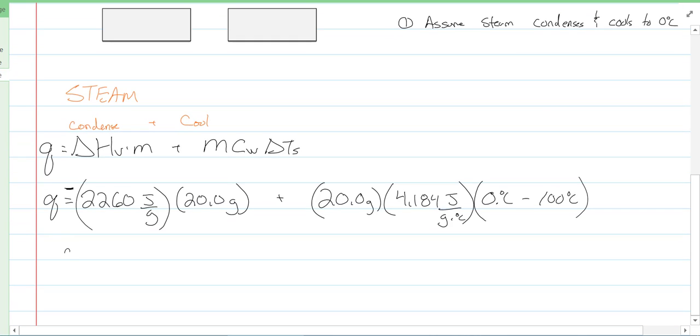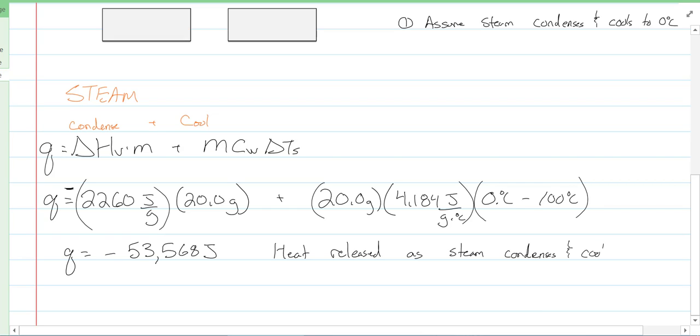So if we do this, Q would be negative 53568 joules. This is the heat released as steam condenses and cools to 0.